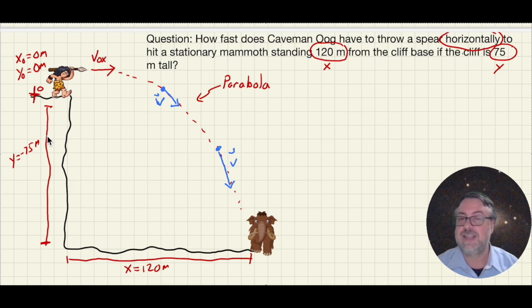The next thing is we want to make a table of our motion variables, but we want to do it in both the horizontal or x direction as well as the vertical or y direction. So let's take a look. Let's make a table of values. I'm going to switch to blue to make it a little bit easier to see.